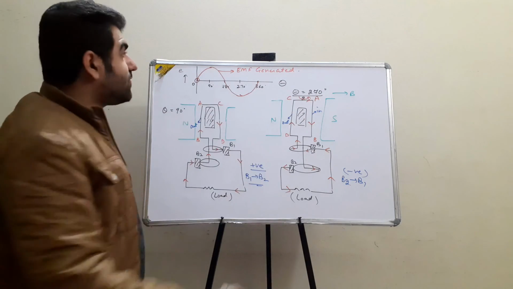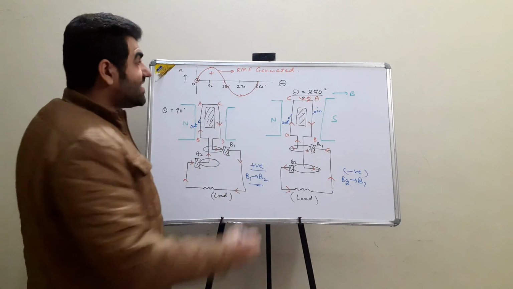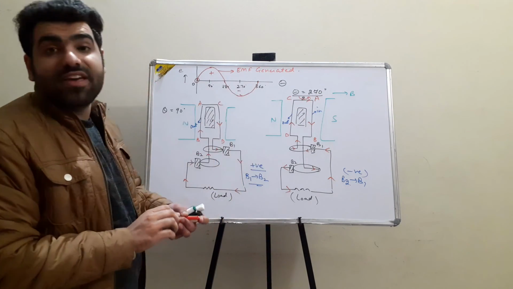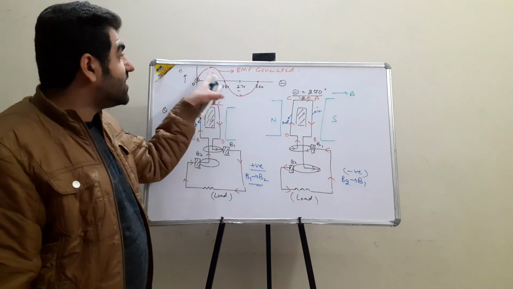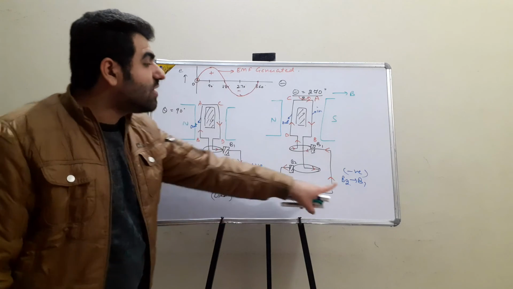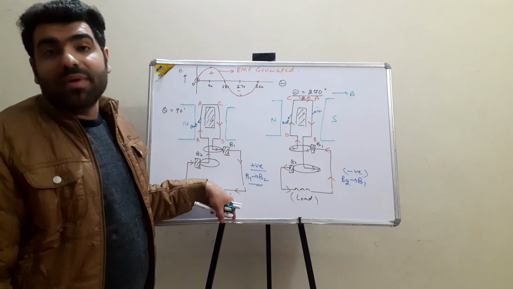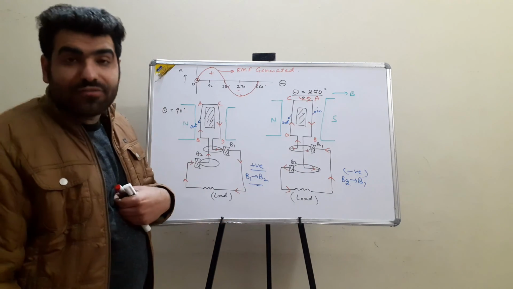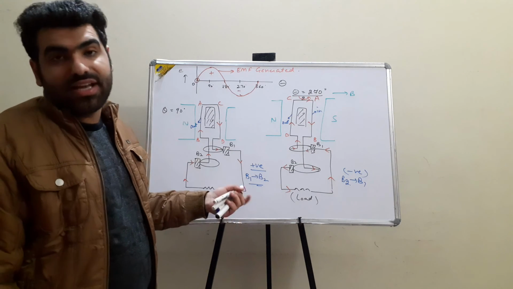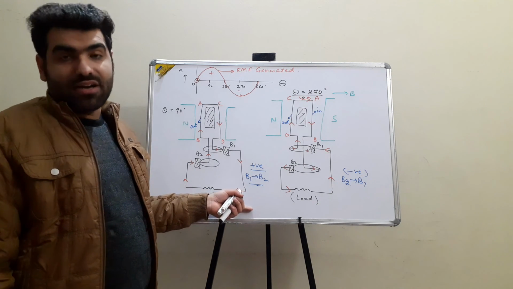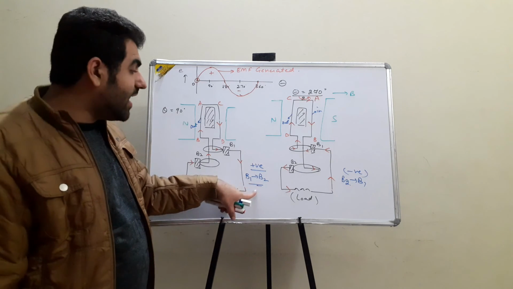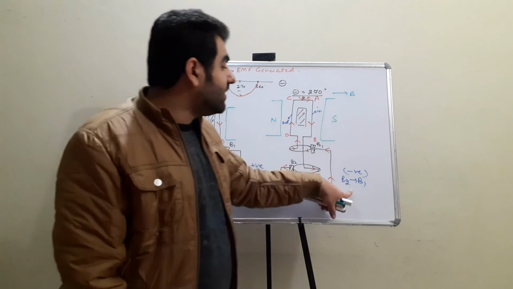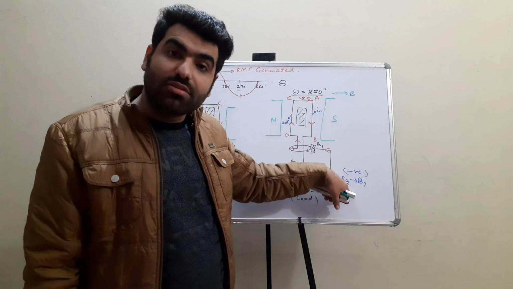Now, it is forming a positive cycle like this and a negative cycle like this, so we can say this has formed an alternating current which has changed its direction, which is also evident from this case. It means the output that we have got from the generator is alternating current and not direct current. From where is it evident? From the direction of the flow of current. Here the direction is B1 to B2 and then after some time the direction is B2 to B1.